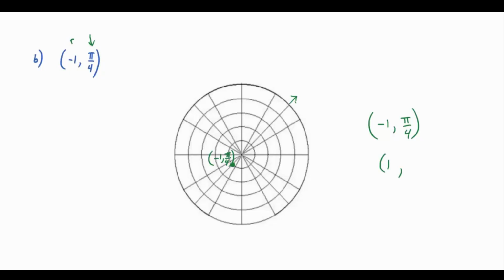Let's go pi plus pi fourths, right? Or if you were in degrees, it would be 180 plus 45, right? Which would be 225. So what would it be then? You would take pi plus pi fourths to get your angle. So what would that be? 5 pi fourths. So the point here is the representation of points in polar coordinates is not unique.